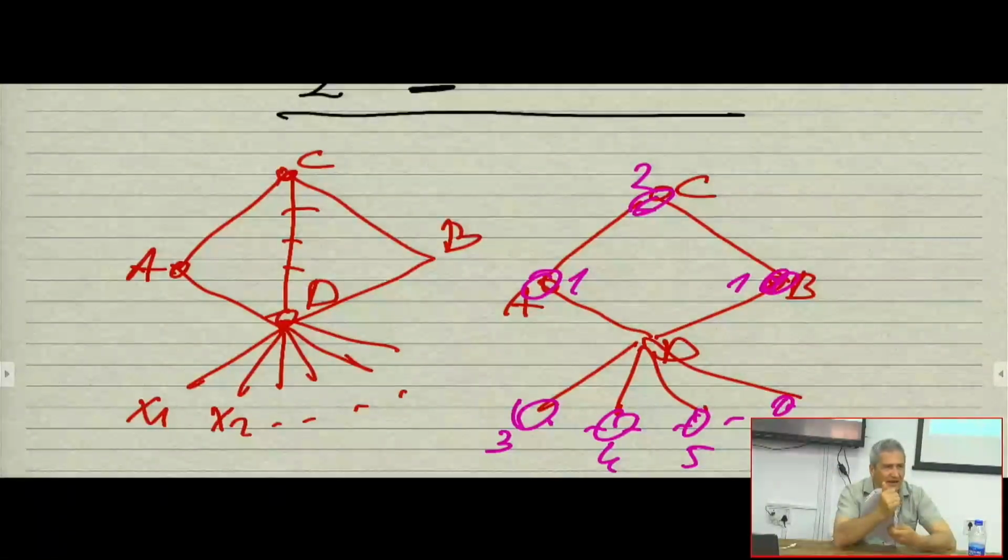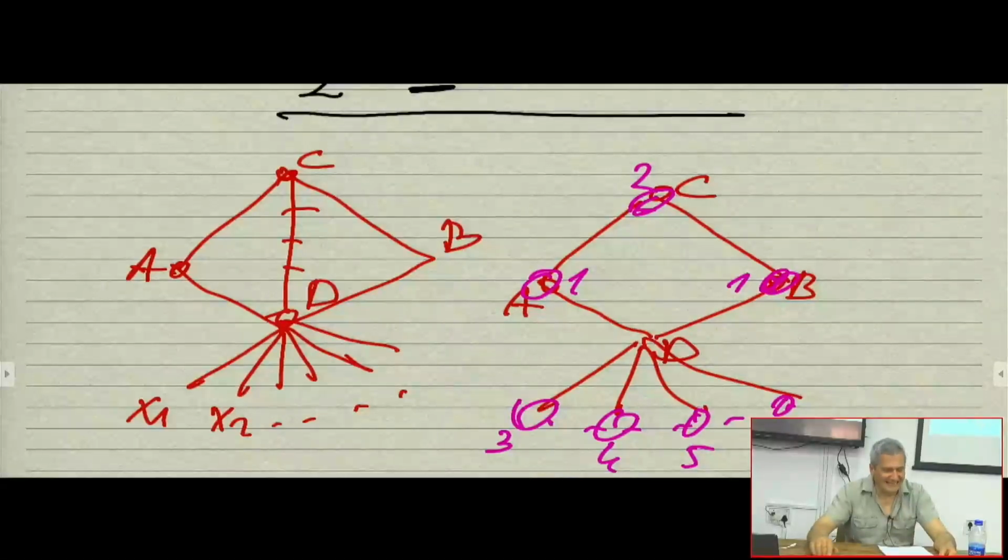Doesn't work. Okay? So this is one such simple example with one reducible configuration and with one reducible rule, yes. Okay?